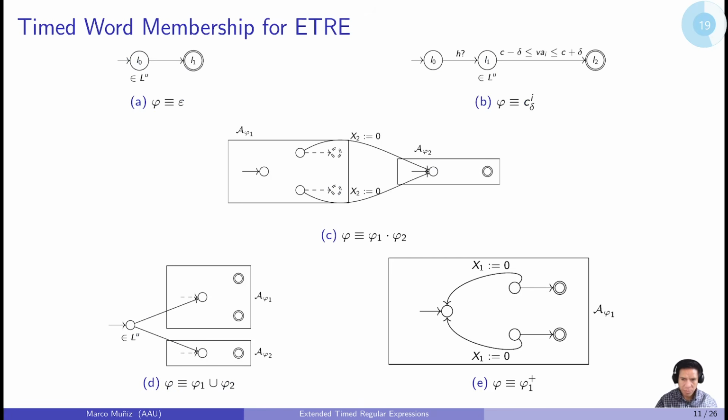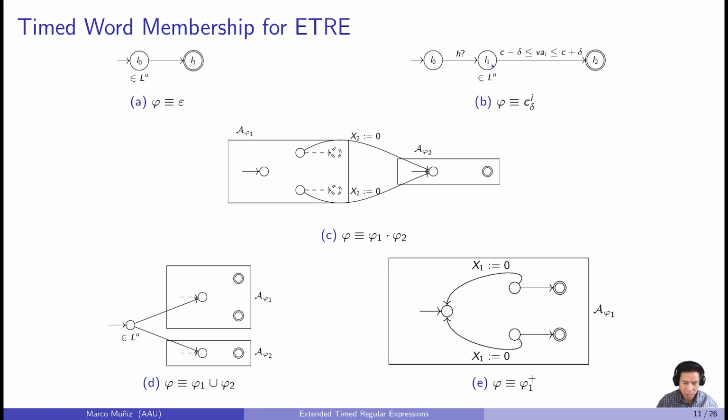Now the construction of the automata from the expression is very similar to the original construction for finite automata and also for timed automata. However, we have some differences. We have the synchronizations, and in particular, you see this LU. This is an urgent location.